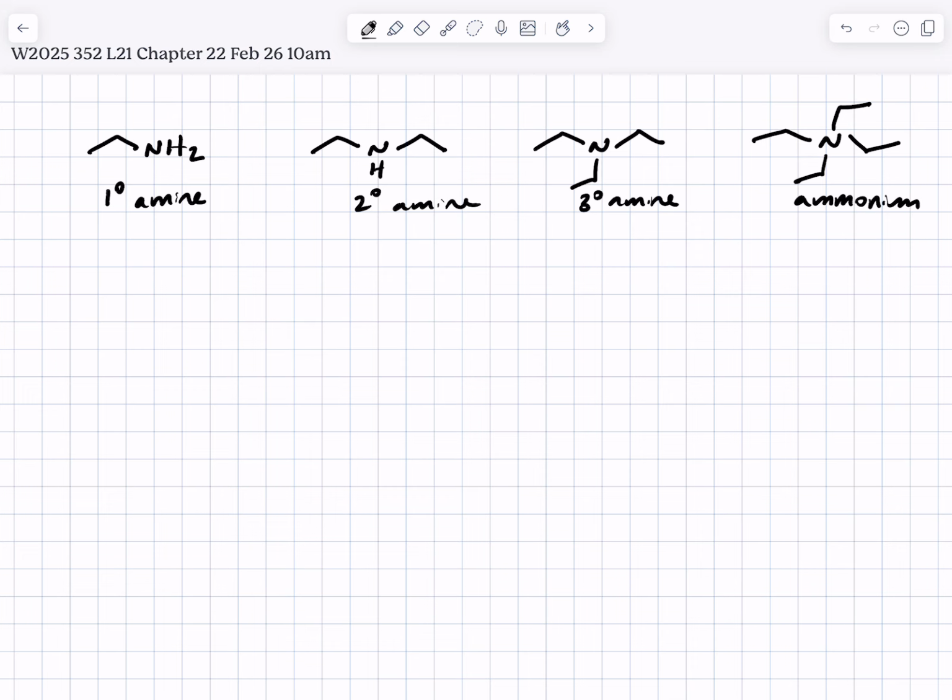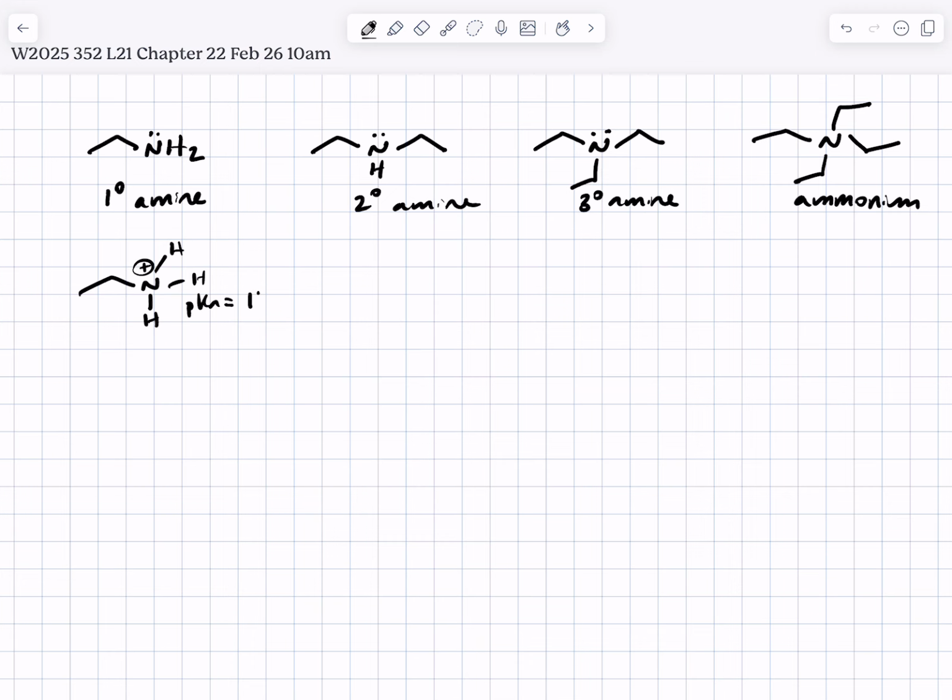Of course, the thing that unifies the primary, secondary, and tertiary amines is they all have lone pairs on nitrogen, and amines are basic. And in general, alkylamines have positively charged conjugate acids whose pKa's tend to be in the range of 11.